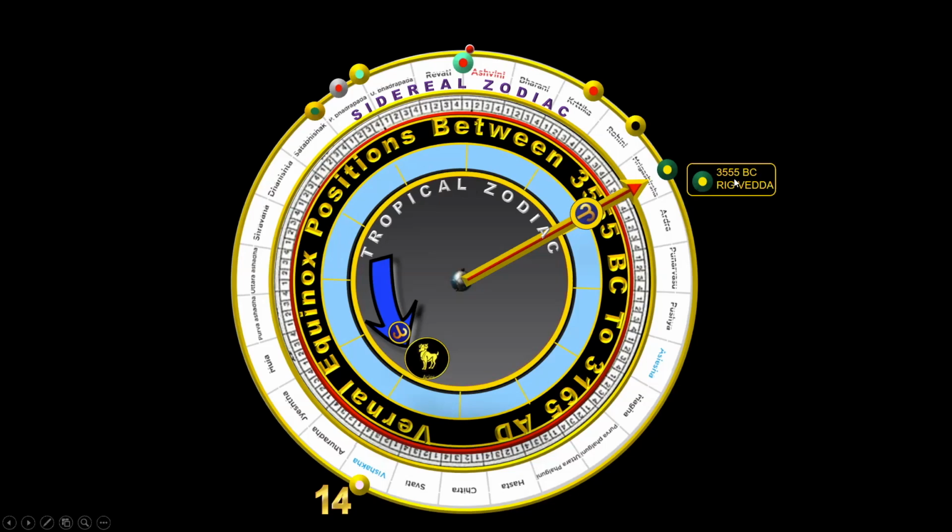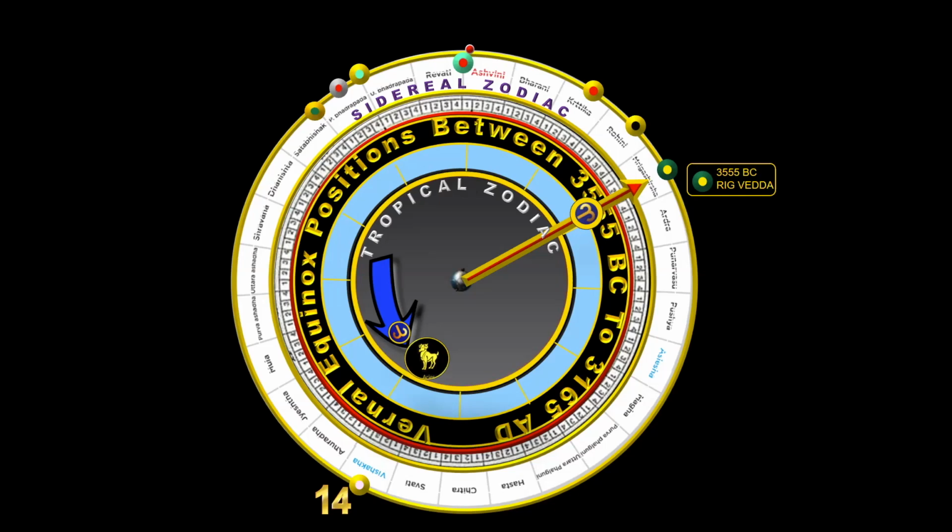So I am starting from 3555 BC. That is when the vernal equinoctial point was near the Mrigashira star. So the Rigveda was written at that time. In 3555 BC, the first written part of the Vedas is the Rigveda.